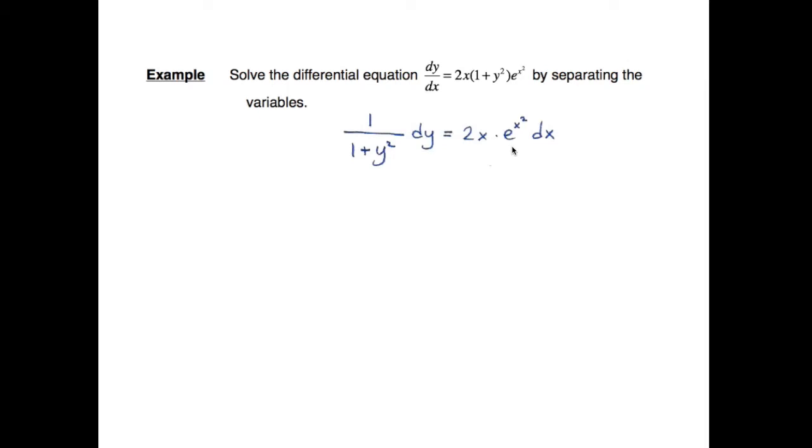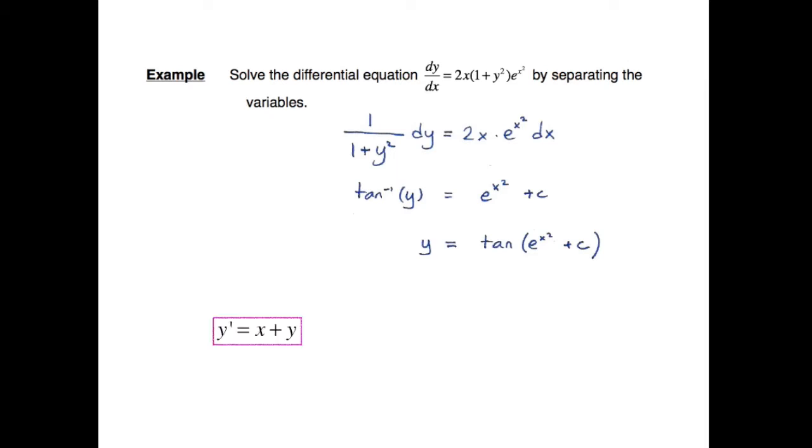Because if we differentiate e to the x squared, it will be e to the x squared times the inside derivative, so times the derivative of x squared, which is 2x. From here, if we want to solve for y explicitly, y is equal to tangent of e to the x squared plus c.